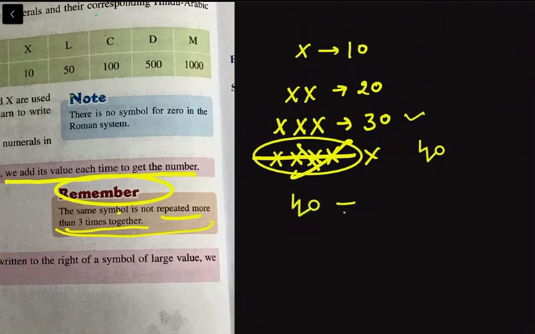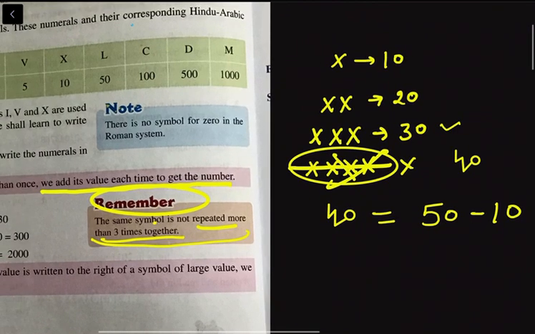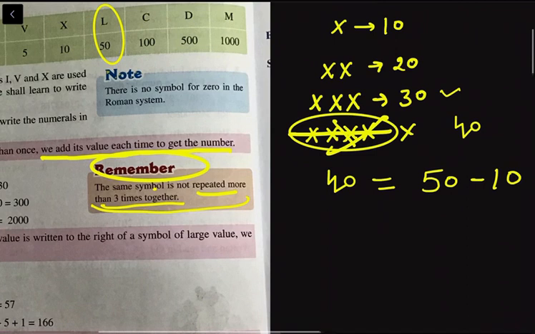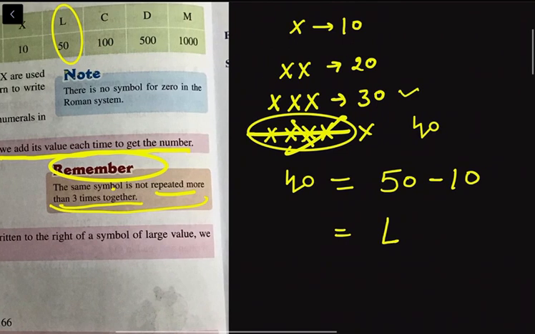40 is equal to 50 minus 10. And we know L stands for 50. When we subtract, we write the smaller letter on the left hand side.